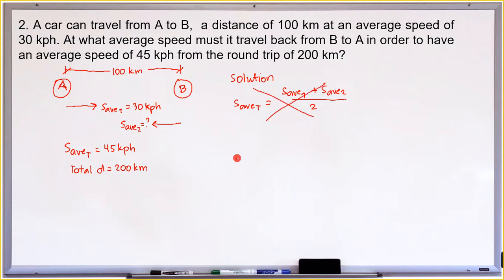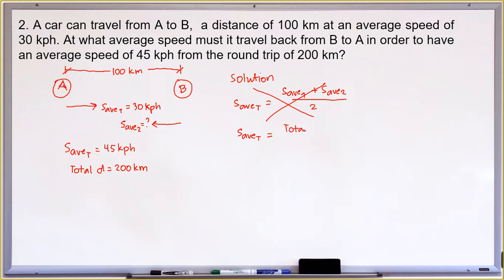So wrong ni siya nga pamaagi. Kailangan gamiton ninyo ang principle nga gi-explain sa inyo. Remember that the total average speed, kailangan coherent ta sa atong definition. So that is total distance traveled.